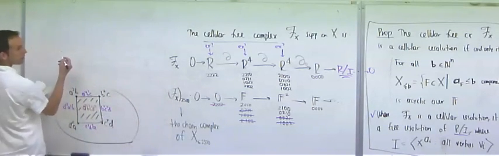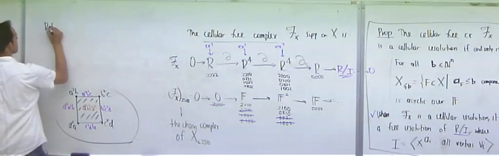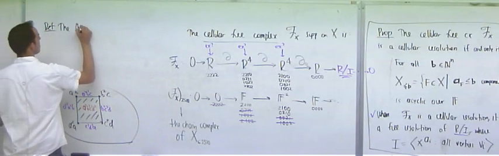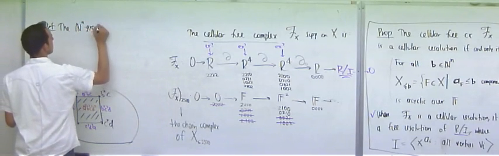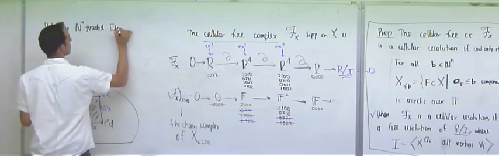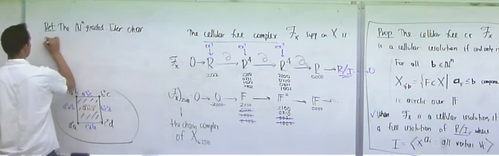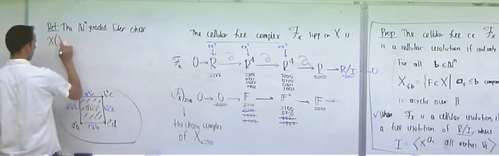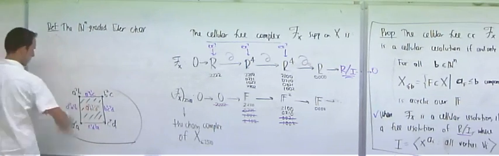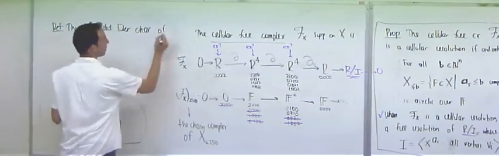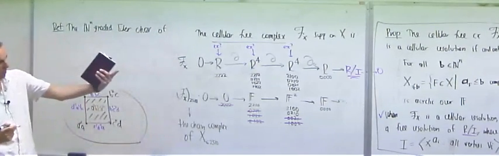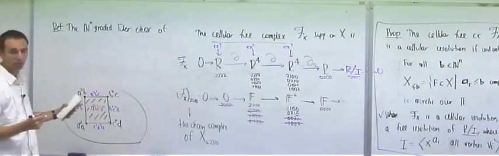So definition. The n to the n graded Euler characteristic is something that depends on, well, of what? Now I need a polyhedral cell complex, and I need it to be labeled.